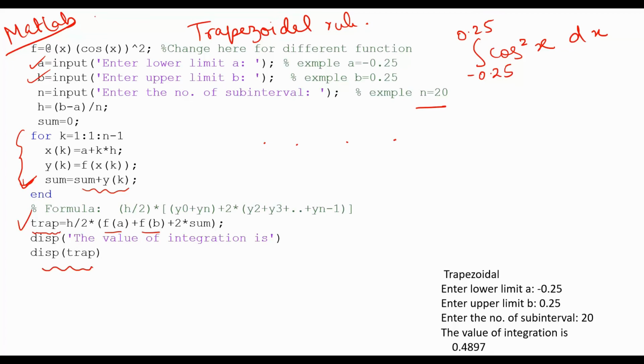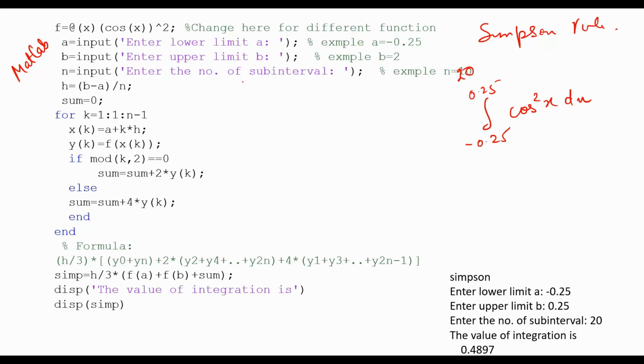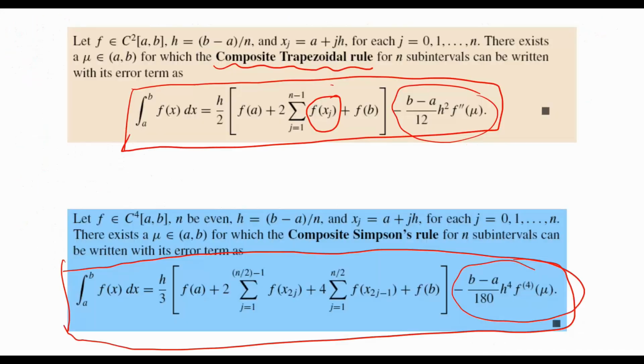Now let us see the MATLAB code for Simpson's rule. Here also I calculated this integral, minus 0.25 to 0.25, for this function, and I took the number of intervals as 20 for Simpson's rule. Here again we apply the formula for calculating these two parts. In the composite Simpson's rule you have these two parts.